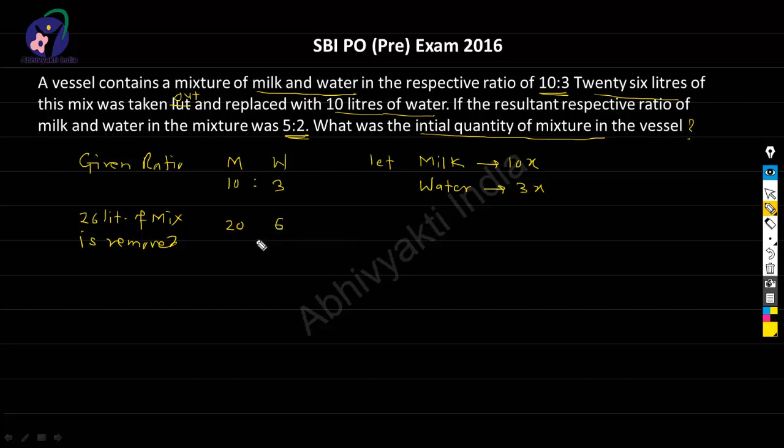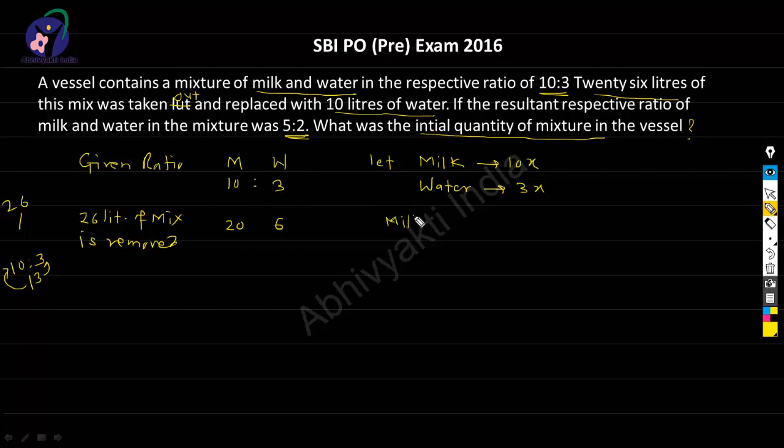of water, because in 26 liters of mixture, the ratio is 10 to 3, so total parts will be 13, and out of 13 parts 10 parts will be milk and 3 parts will be water. So 20 liters of milk and 6 liters of water will be there.